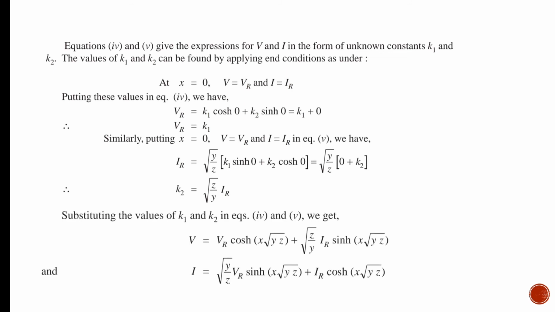Applying them in the equations, we get V equal to VR cosh of x root of yz plus root of z by y IR sinh of x root of yz, and the current I equal to root of y by z VR sinh of x root of yz plus IR cosh of x root of yz.